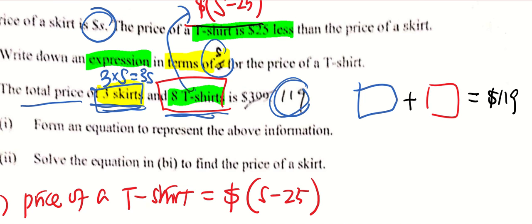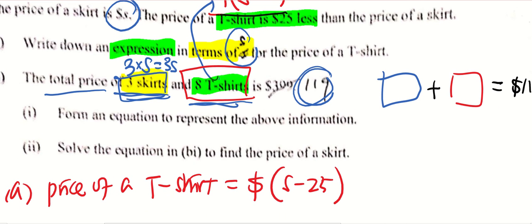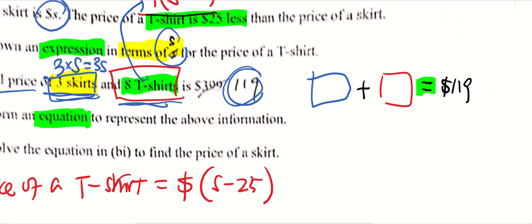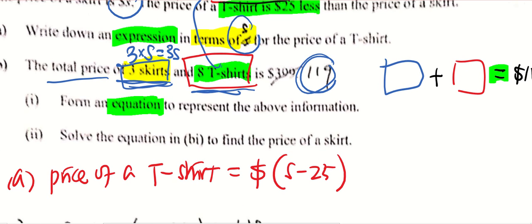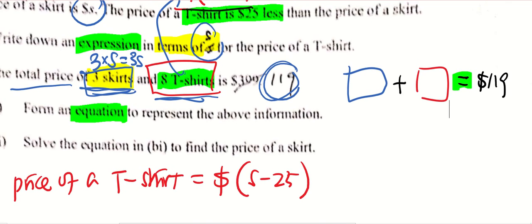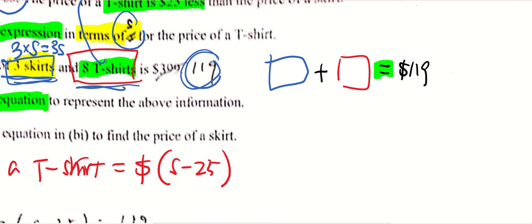Here the question asks to form an equation. An equation means there must be an equal sign. Immediately we have things ready to represent the above information, which is, the total price of this plus this is 119. So immediately we have this already. The task then is to find how to write these two.